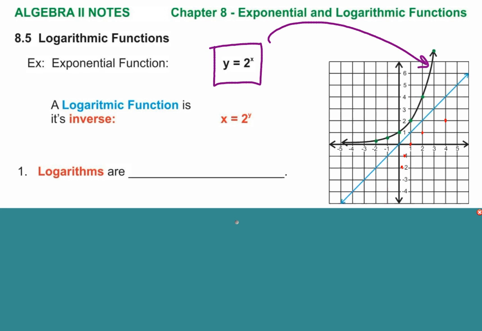Now in this case, the y-axis is going to be the asymptote, because we have an inverse here. And so it's going to approach that y-axis. And there is the mirror image of that function. All right, so a logarithmic function is the inverse of the exponential function.